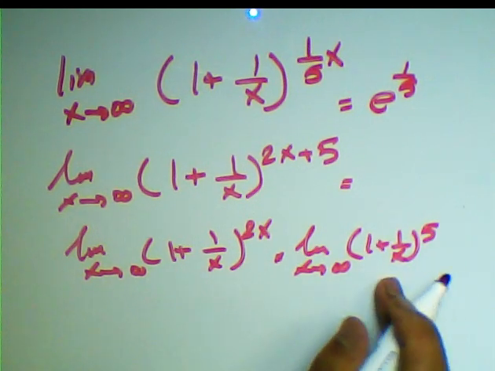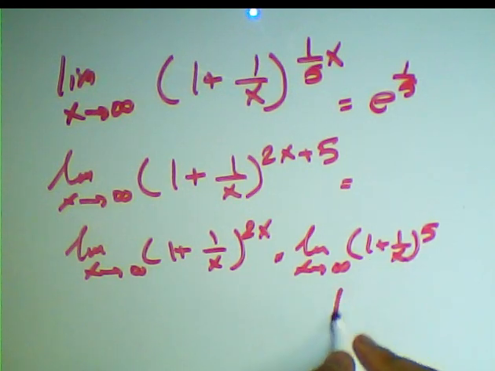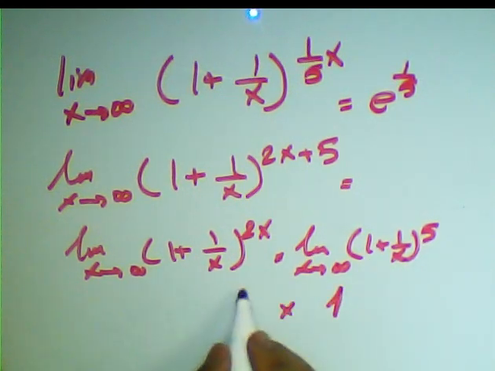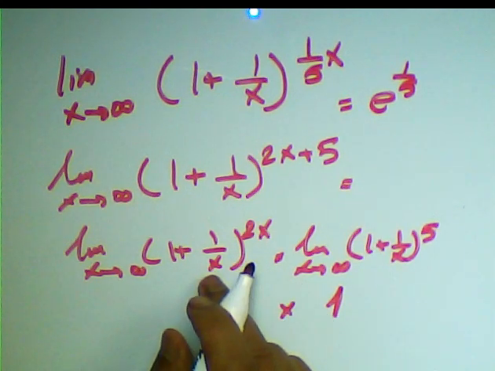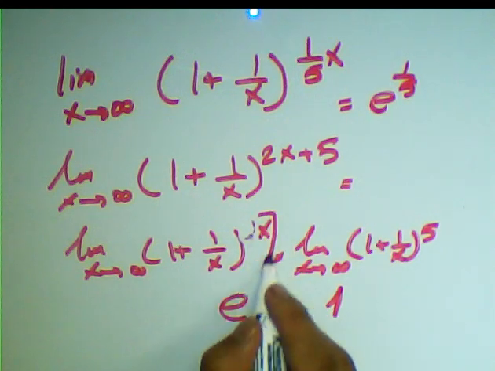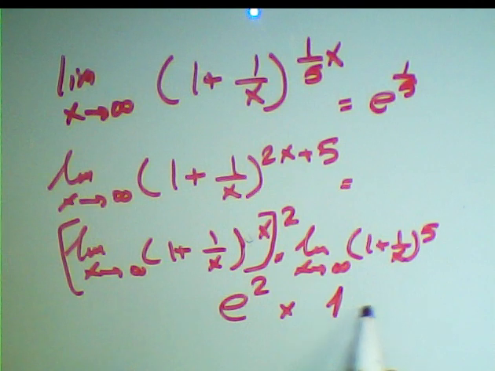The result here: 1 over infinity equals 0, 0 plus 1 equals 1, 1 to the power 5 equals 1. Multiplied by the result here, which will be e to the power 2. The base here equals x, we can write here all to the power 2, meaning e to the power 2, so the result will be e to the power 2.